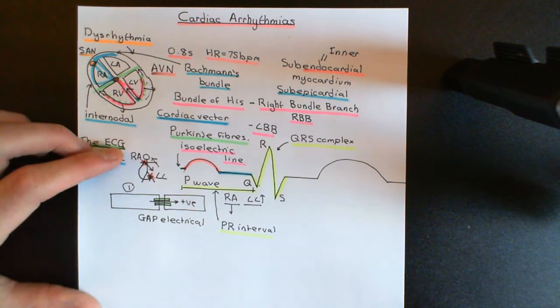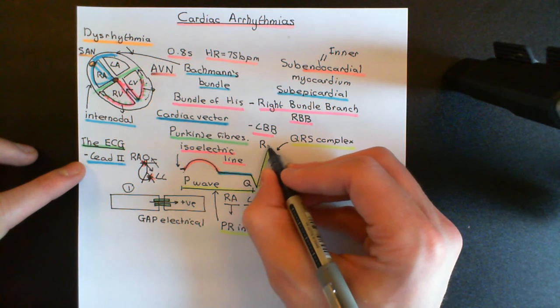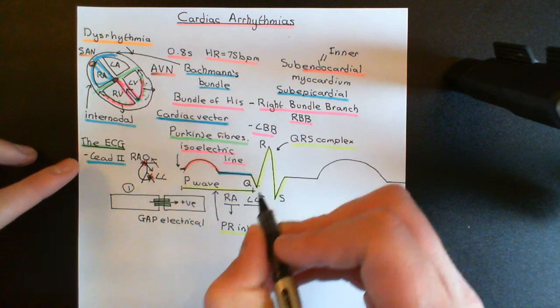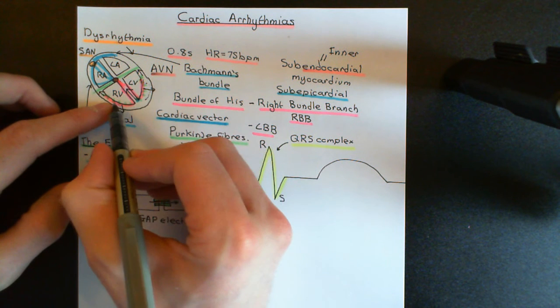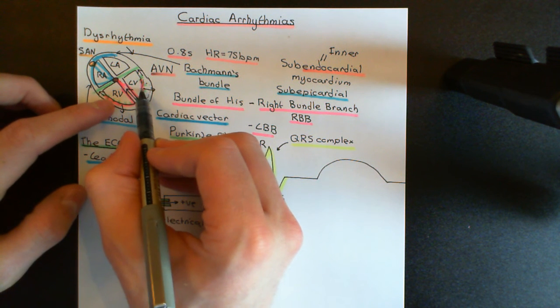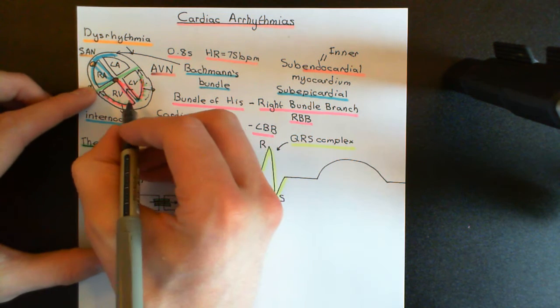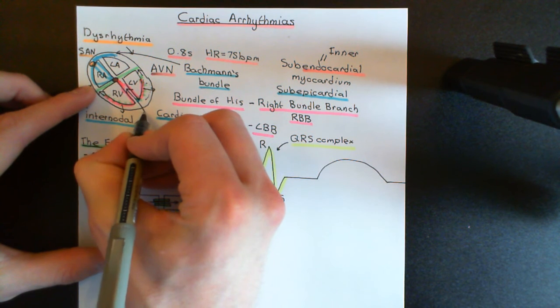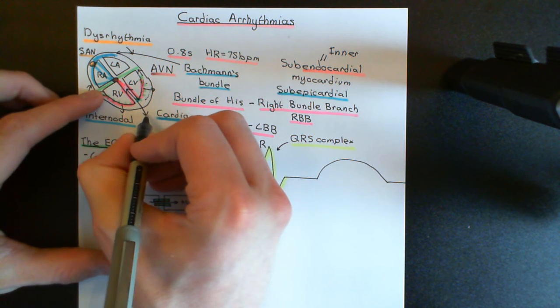deflects downwards here. Okay, then as you can see, it very quickly goes in the opposite direction into this R wave here. That's when the electrical signal is released onto the major portions of the ventricles. And look, it starts at the subendocardial myocardium and propagates down to the subepicardial myocardium. So again, you can see that the overall direction in which we are going to get this intracellular current moving is down in this direction.